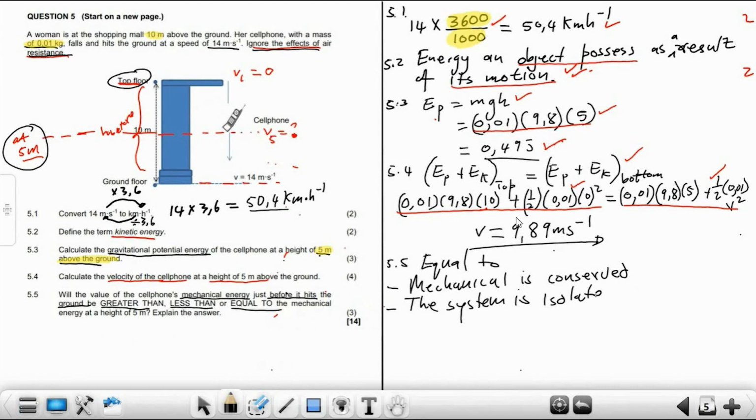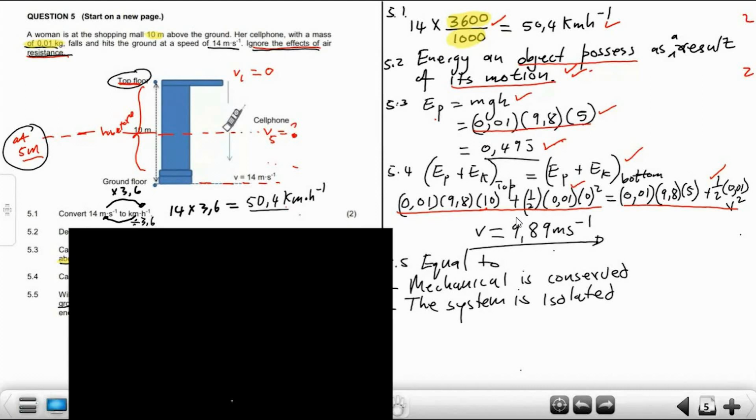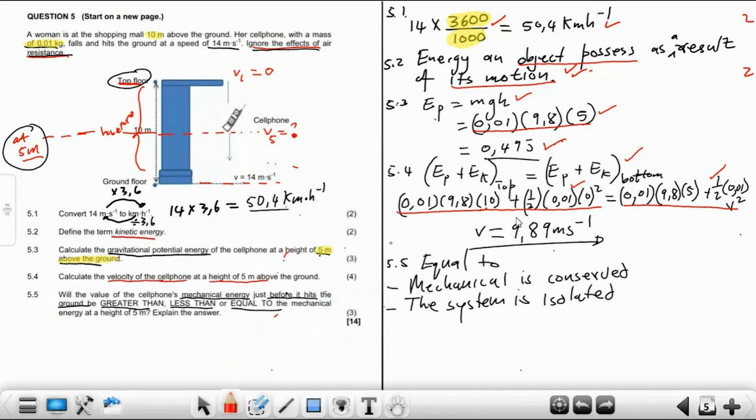Remember what we said about an isolated system: it is a system in which the net external force is equal to 0. So this will be a supporting statement, so that when we give a reason, we explain that it will be the same because the mechanical energy is conserved and the system is isolated. Any questions relating to this one?